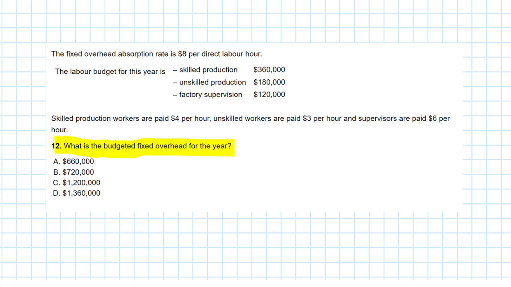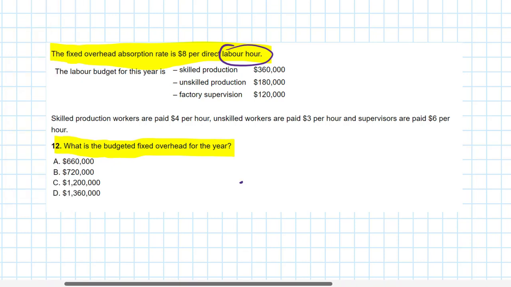And we learn that there is a fixed overhead absorption rate in use in this company. So we need to remember that with an overhead absorption rate, we are spreading the fixed overheads to the cost units by the consumption of labor hours. So before we go further, I would like to visualize that equation.